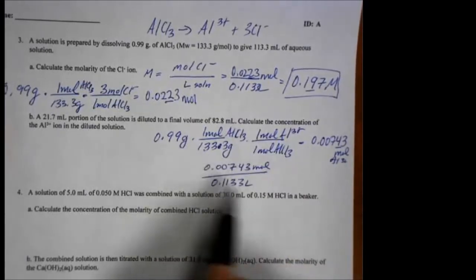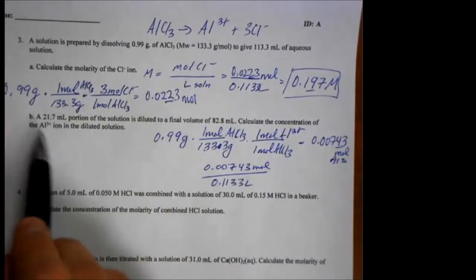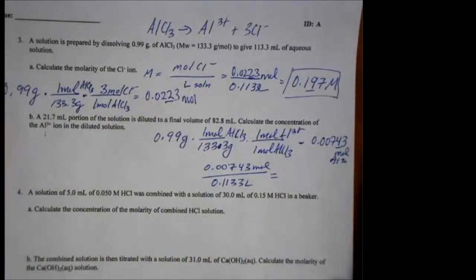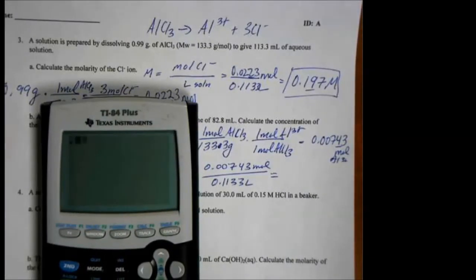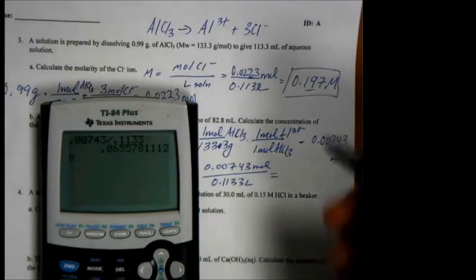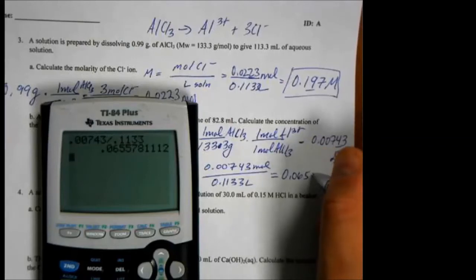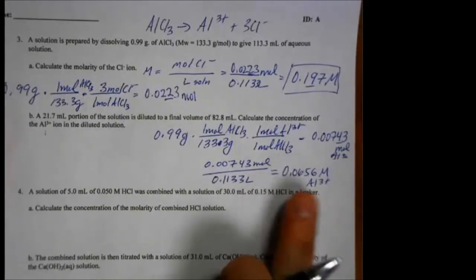So all I'm doing here is basically what I did in the first problem, except because we're interested in the aluminum ion, I'm setting it all up again for the aluminum ion so that I have the right answer. So we simply divide 0.00743 by 0.1133, and we get 0.0656 molar Al3+.